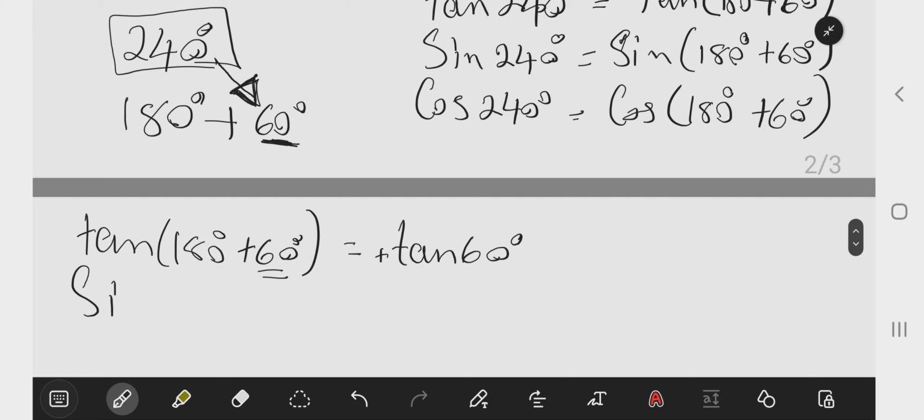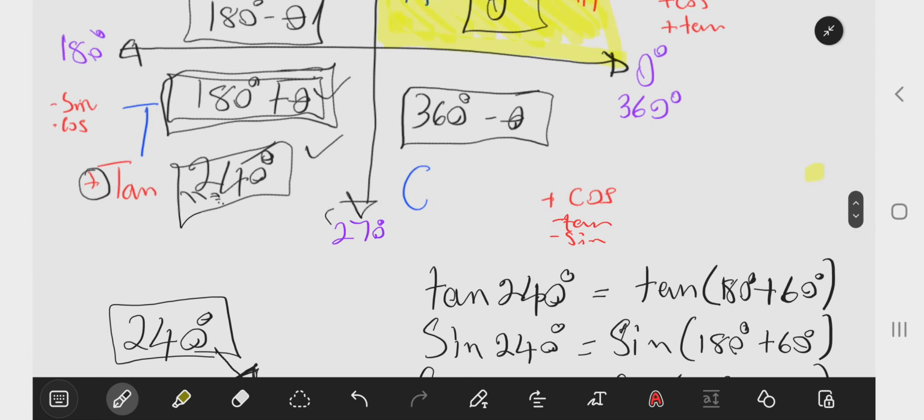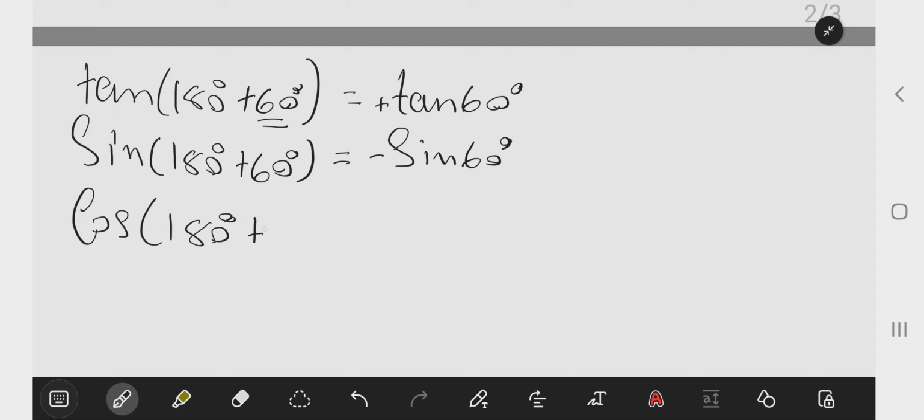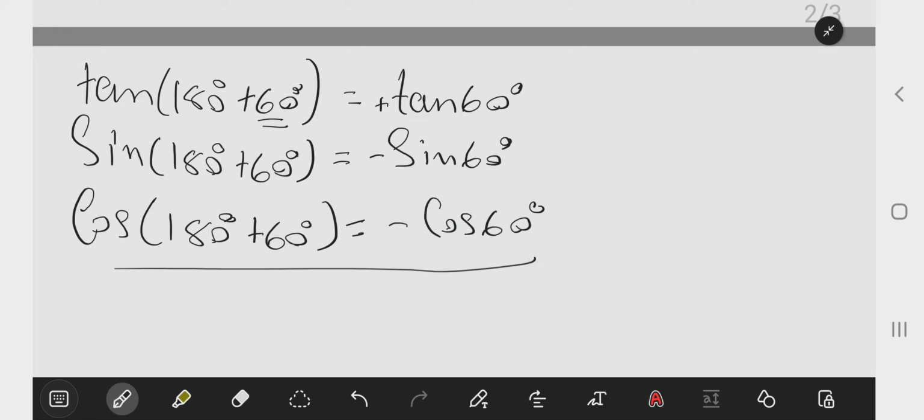And now if we say sine 180 plus 60, since we are reducing that angle to 60, and we concluded that sine is negative in the third quadrant, right? So that would be negative sine 60. And then cos 180 plus 60, we also concluded that cos is negative in that quadrant, so that would be negative cos 60, right?